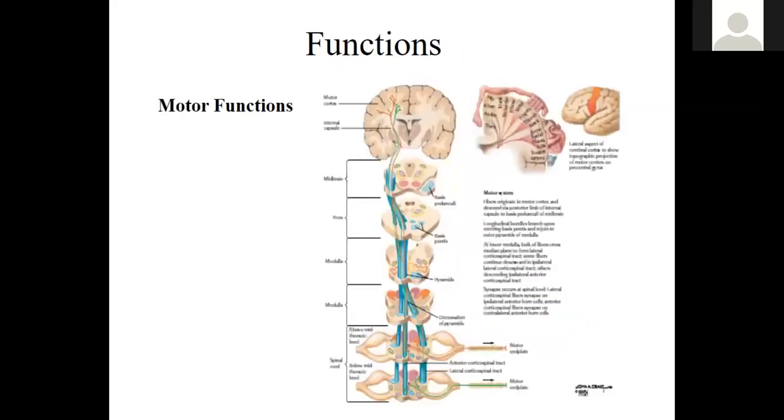We have the motor functions, as the medulla oblongata serves as a relay for the fibers of the corticospinal tract as they decussate at the level of the inferior portion of the medulla oblongata and go anteriorly as pyramids.